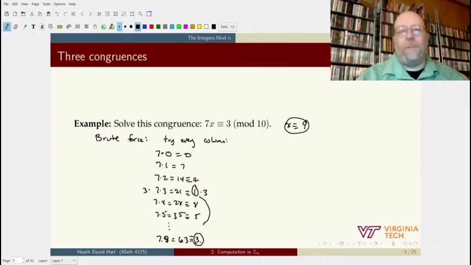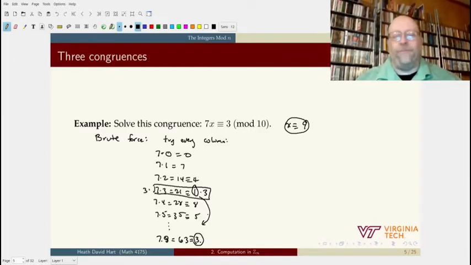And so I could skip ahead from 1 to 3. As soon as I find the answer that gives me 1, I can leverage that to find the answer that gives me 3. And so I didn't have to do this entirely by brute force. I could have gone as far as just this row, and once I recognized that I had a 1, I could use that to get to a 3. Okay?